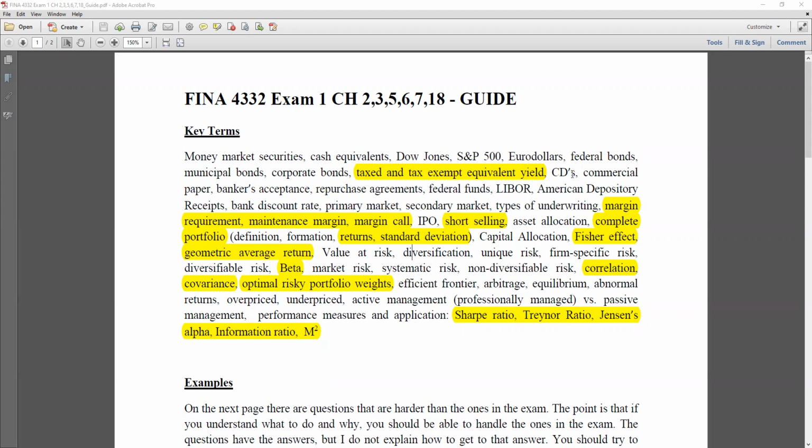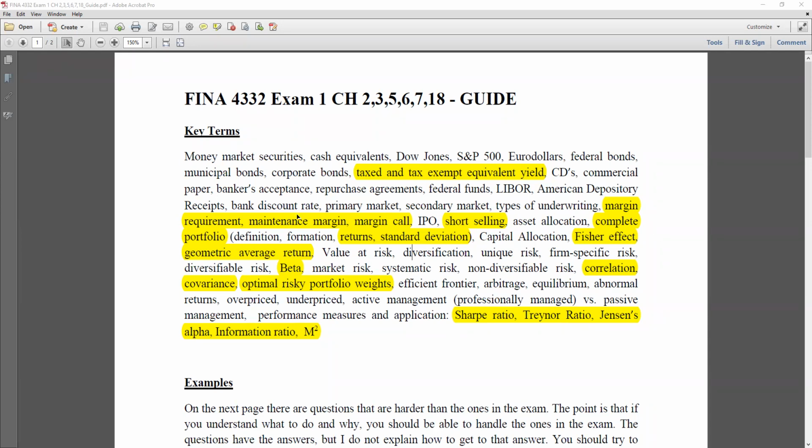If they're not highlighted, we're just looking for characteristics and definition type stuff. If they're highlighted, you may need to know what it is. Like short selling, you need to be able to know the characteristics and definition, but there are some calculations about short selling, your potential losses or returns. Same thing with margin requirement, maintenance margin, and margin call.